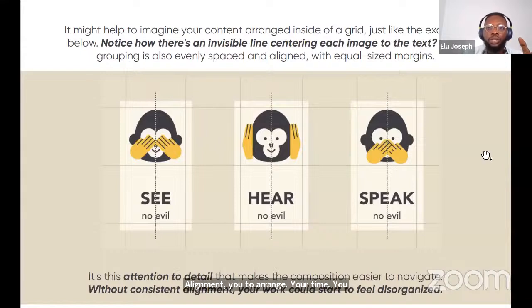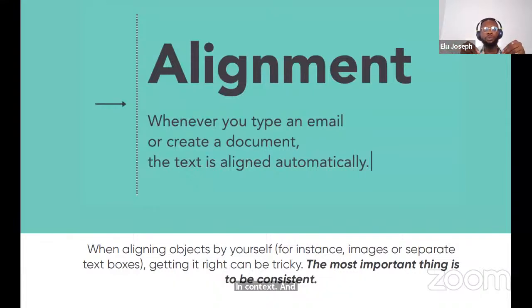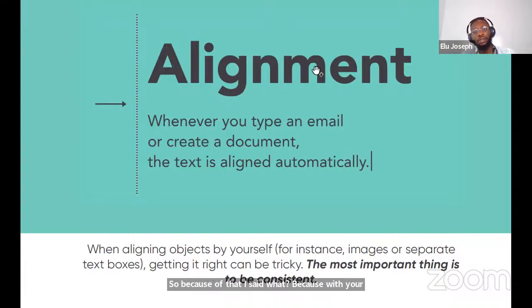It helps you put it in context. And because of how important alignment is, you can actually mess it up if you try to overdo it. So because of that, I said what? Be consistent with your alignment. If you want to align to the left, align everything to the left.